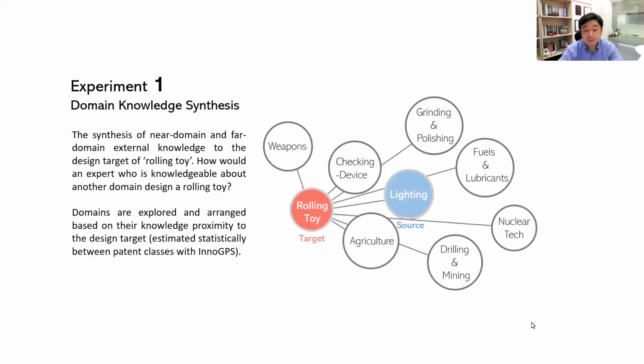So in the first experiment, we use the patent text titles, which are short sentences representing different design concepts in the patent database from 6 specialized domains to fine-tune the generic GPT model into a domain-specific AI expert. Then we ask those individual specialized domain AI experts to generate design concepts relevant to rolling toy, which is a specific design target.